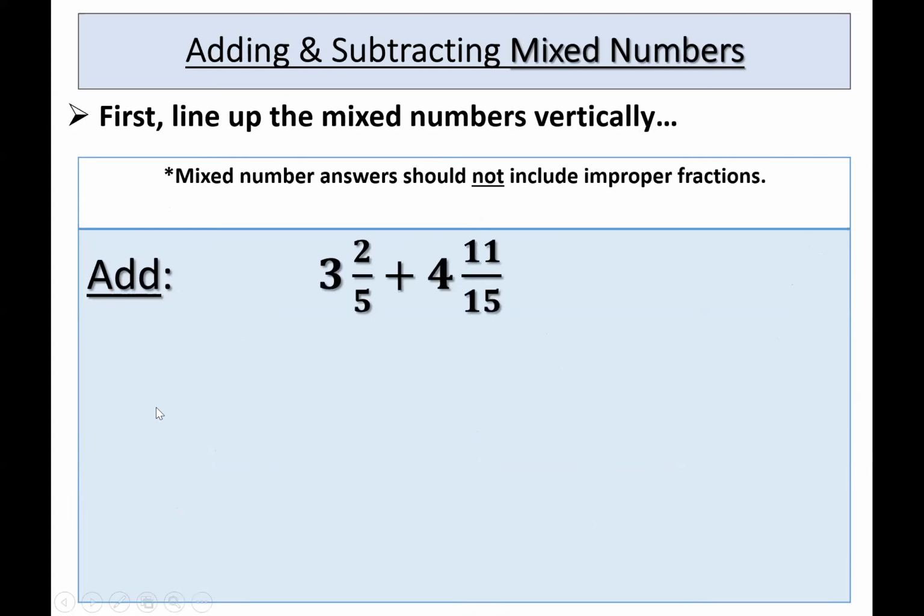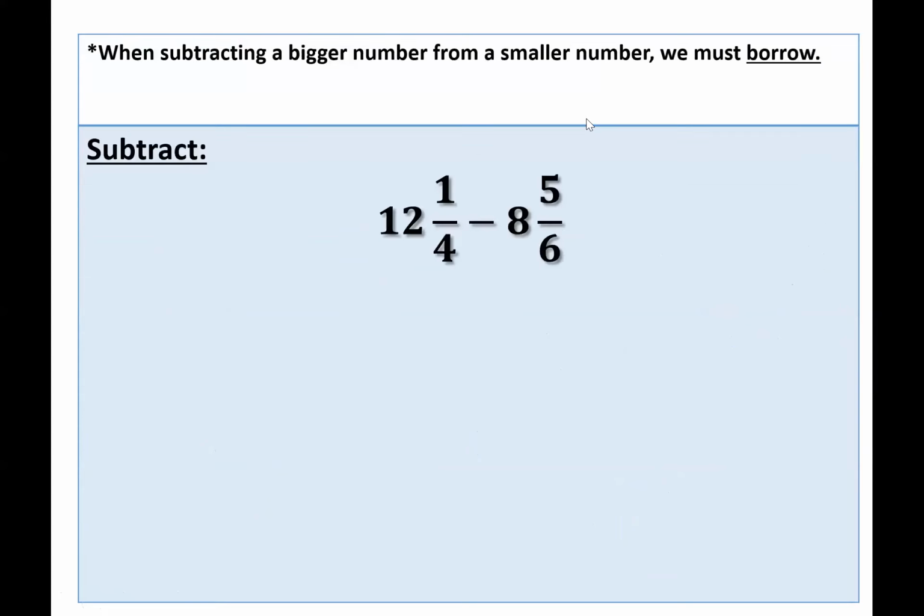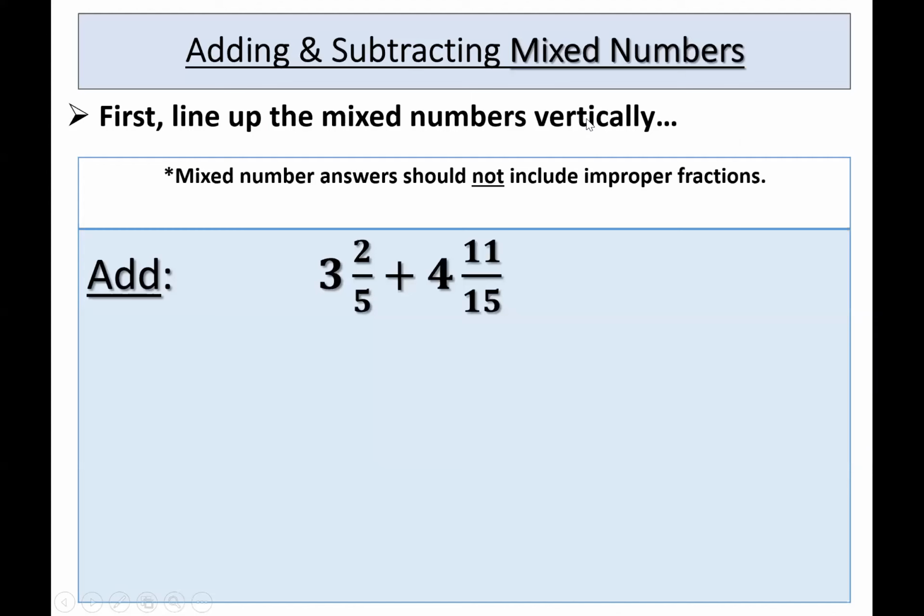Okay, next, here we go. So we are adding mixed numbers and then subtracting. I did give you one of each. All right, now you do have the option of changing mixed numbers to improper here, but with adding and subtracting, you don't actually need to.